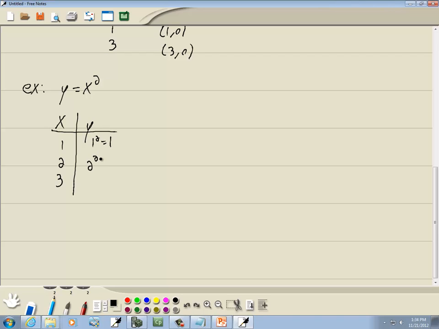If I plug in 2, I get 2 squared, or 4. If I plug in 3, I'm going to have 9. So we plot points: (1, 1), (2, 4), (3, 9). And that'd be our answer right there.